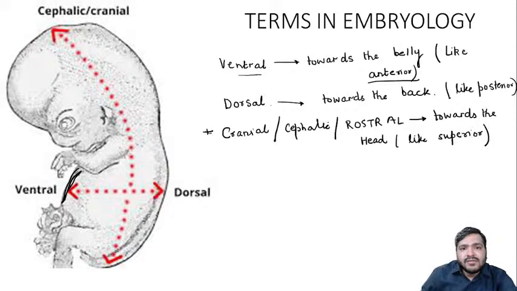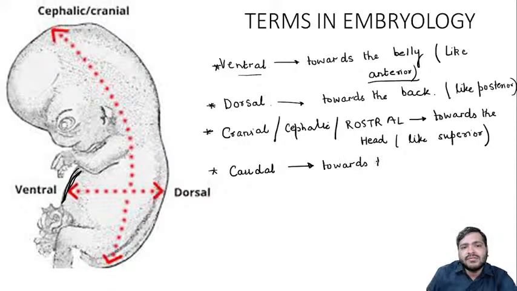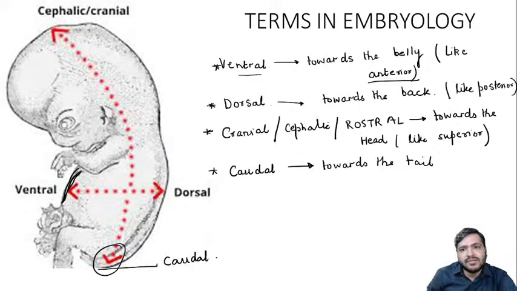Apart from that, the last term that you have to remember in embryology is the caudal part. And remember, it is towards the tail. So over here it is the caudal part, that is towards the tail, and ultimately it is like the inferior part.